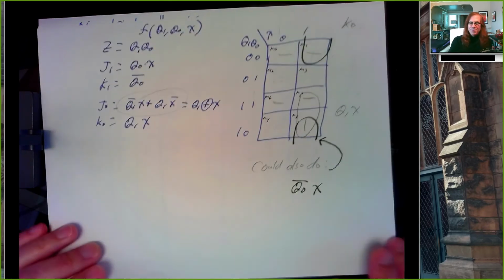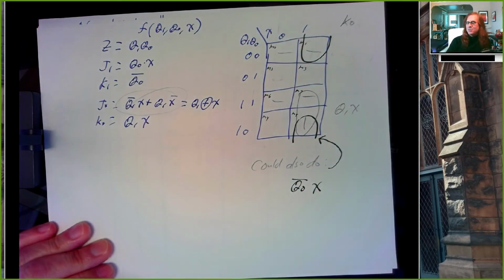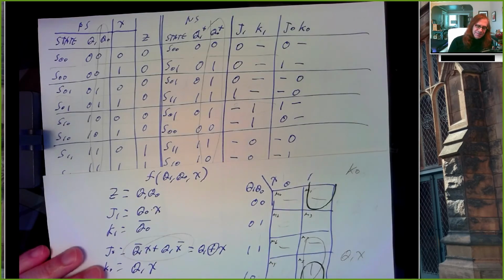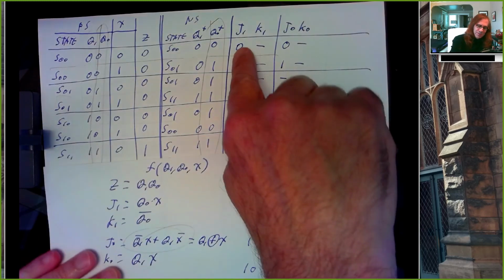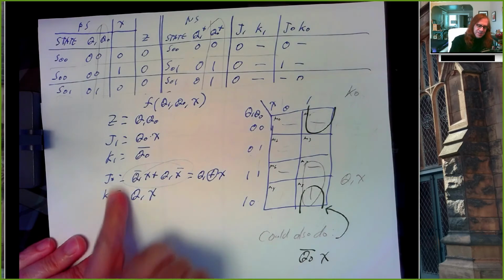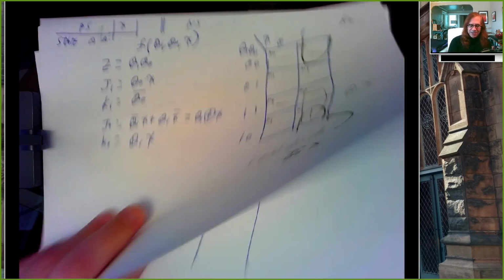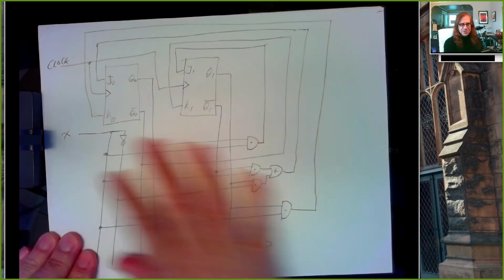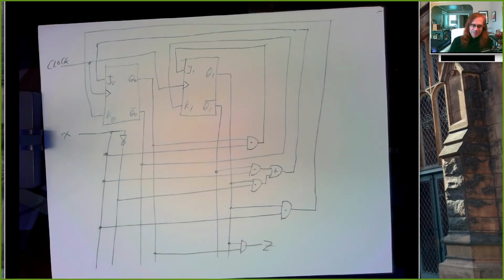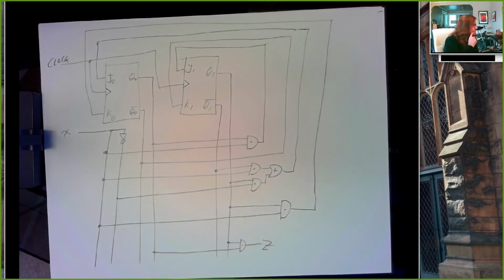And this would have been more than 5 pages because I reused this K-map 5 times, so it would have taken more sheets than 5. But you go through and you use K-maps to write equations for each of these flip-flop inputs and for the circuit output. And then finally you take those equations and you sketch a circuit from it. And then there's your solution for that machine.